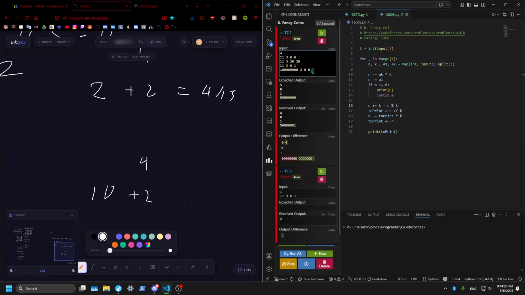Okay, so in this case, in the first case, it's wrong too. 11, 3, so first... Okay, we only do this if... When do we do the add back?